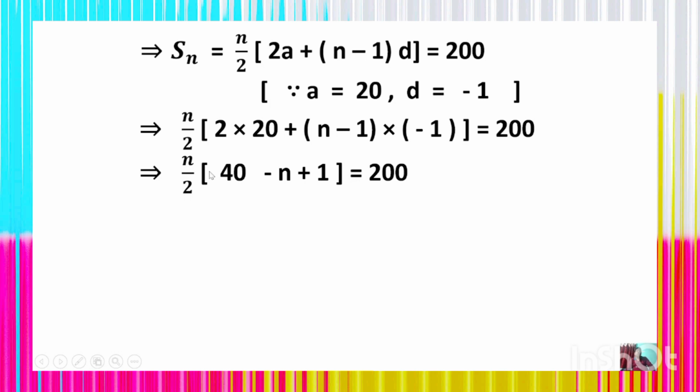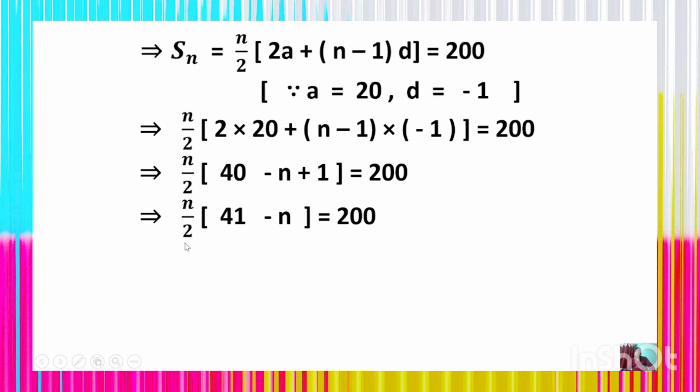n by 2 whole into 20 multiplied by 2, which is 40, minus 1 into n, which is minus n, minus 1 into minus 1, which is 1, which is 200. Thus n by 2 whole into 40 minus n plus 1, which is 200. And n by 2 whole into 40 plus 1, which is 41, minus n, is equal to 200.